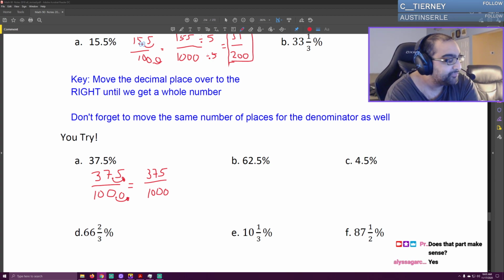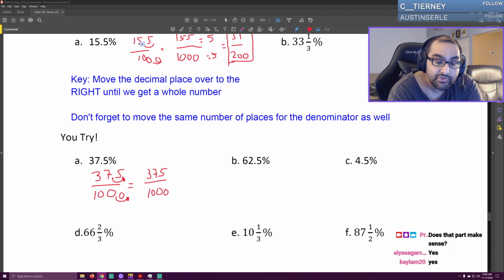Okay, cool. Now we have 375 over 1,000, but we have to reduce it down to its lowest terms. So what can we divide by on the numerator and denominator in order to get it down to its lowest possible terms there?